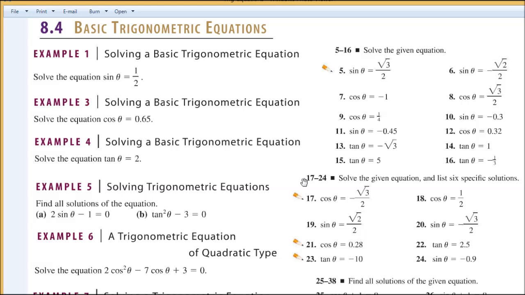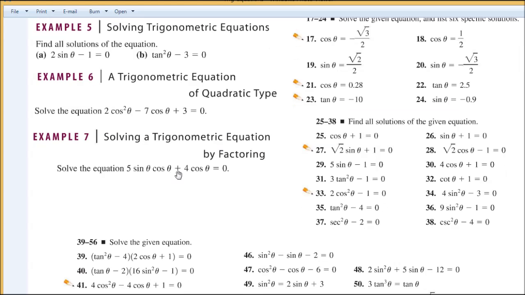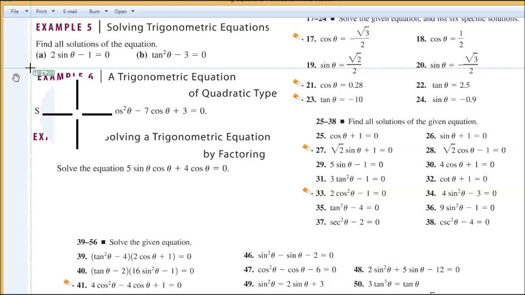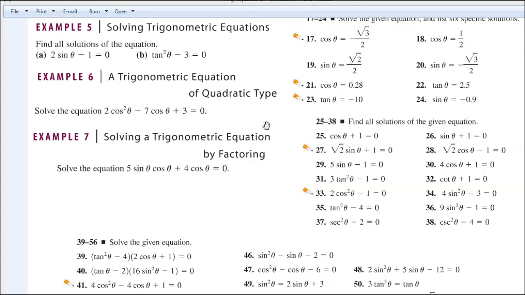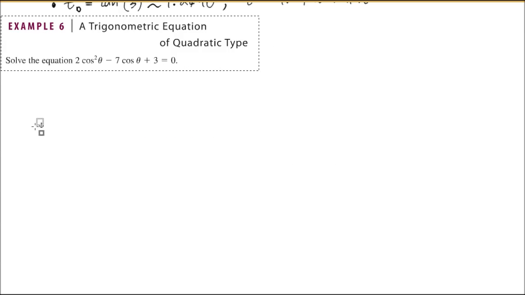Now, if you have this type of equation, we're going to solve it. So let me go straight to this quadratic type. You can imagine that you're in some engineering or physics problem where sine and cosine show up, whatever the law you want to satisfy, and you end up with this type of equation.